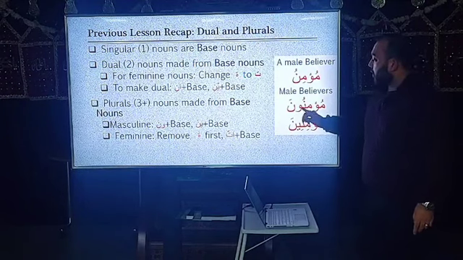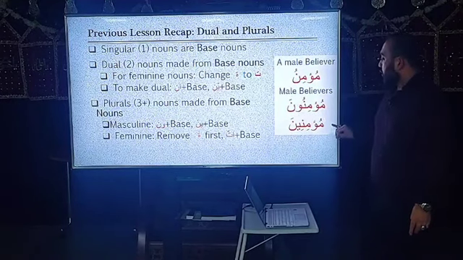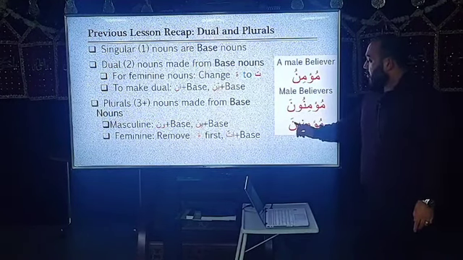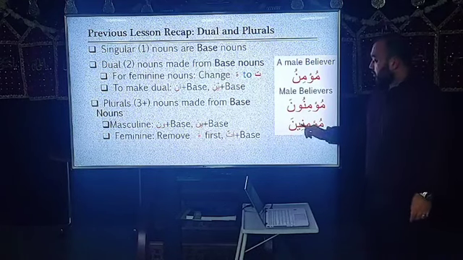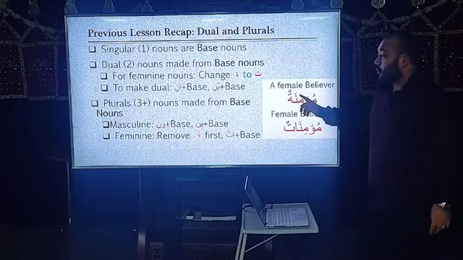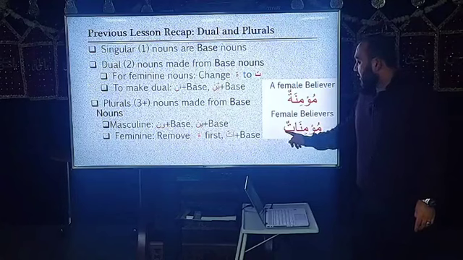So mu'minuna, waw and noon at the end, with the noon having a fatha, or mu'minina, the ya and noon, with the noon having a fatha. That is for the masculine. And for a feminine, mu'minatun, we remove the ta marbuta and we just add alif and ta.